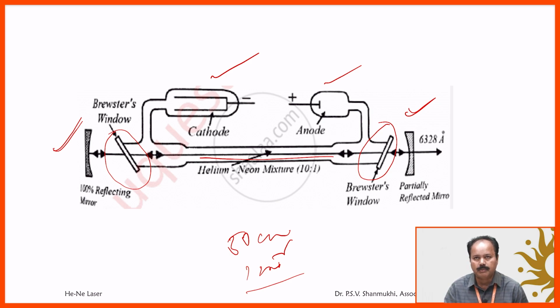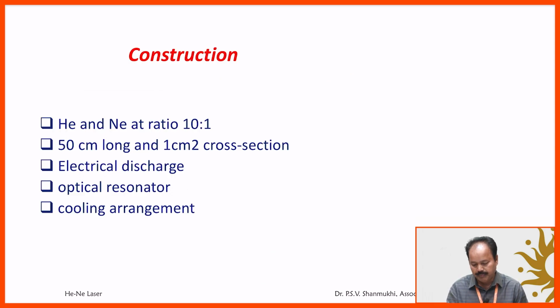Two inclined glass windows are there, actually called Brewster windows. Two mirrors are provided on either side. One is a 100% reflecting mirror, the second one is partially reflecting, which constitute the optical resonator or Fabry-Perot resonator arrangement.